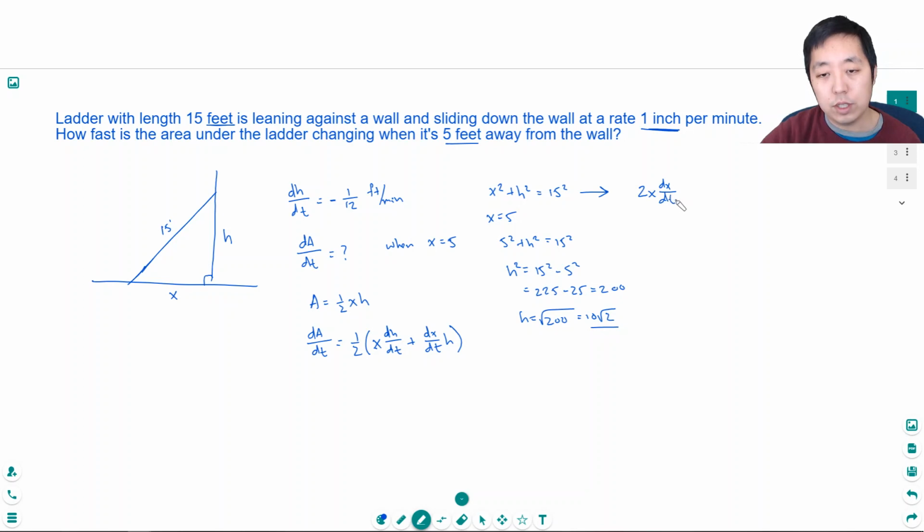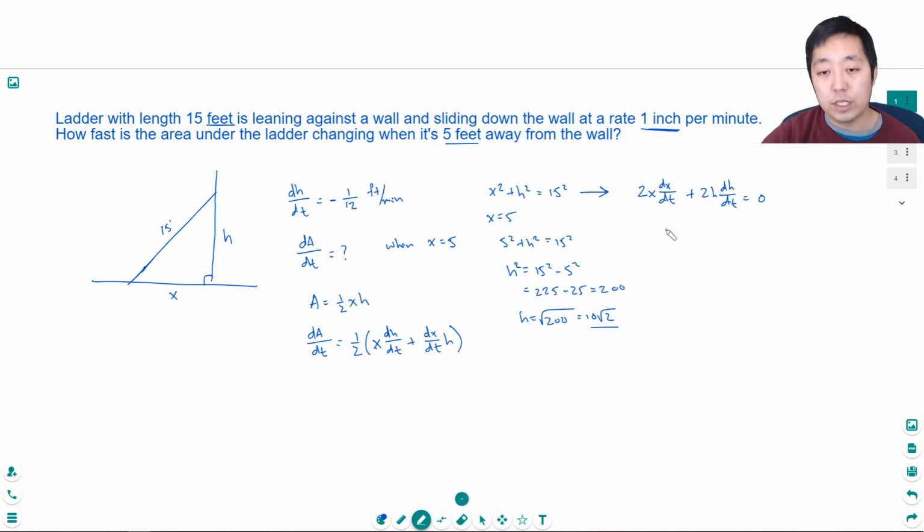And the reason is that you think of x as a function of time. So I do 2x because that's power rule, but since the inside is not t, I multiply by the derivative of x with respect to time. Okay, this is chain rule. Plus 2h dh/dt, and the derivative of 15 squared is 0 because that's a constant.